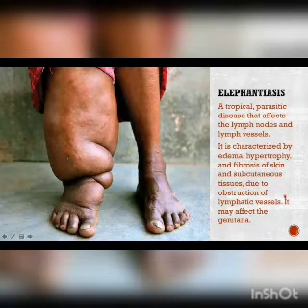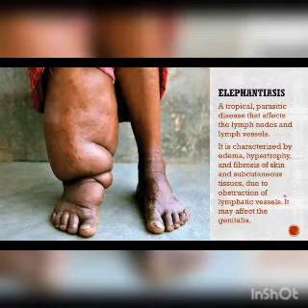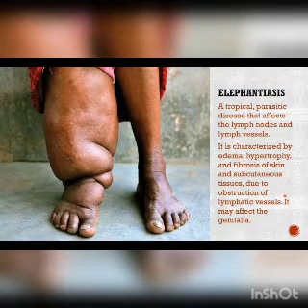Characterized by edema, hypertrophy, and fibrosis of skin due to obstruction of lymphatic vessels, the first thing that comes to our mind is elephantiasis. It is a tropical parasitic disease that affects the lymph nodes and the lymph vessels of the lower limb. The best way to prevent elephantiasis is to avoid mosquito bites.